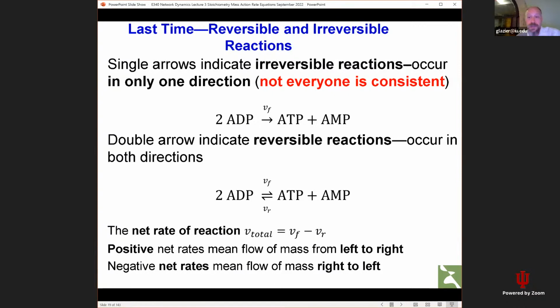Or it could be that the cells are growing very, very fast and a lot of cells are dying at the same time. Even though the net rate of growth of the tumor is the same, the processes are very different. What is going to happen medically in those cases is very different. And so it is important to know the difference between the forward and backward rates individually and the net.